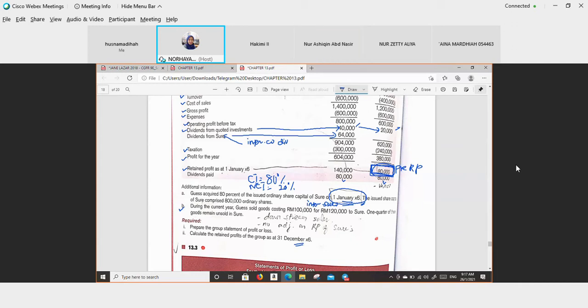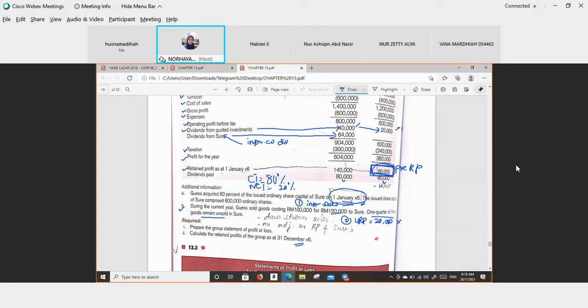Then what else is here? There's unretained profit. No, unrealized profit. Oh, unrealized. Okay, the first one is intercompany sales, the second is unrealized profit. How do we find the unrealized profit? How do you get the profit? 120,000 minus 100,000 gives 20,000. Yes, 20,000, right?